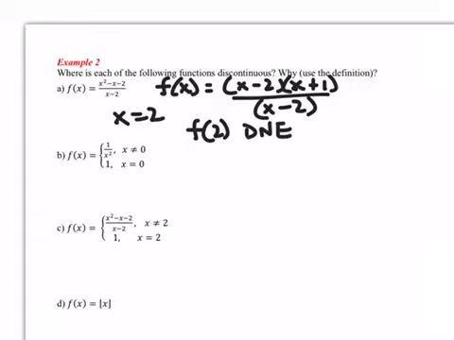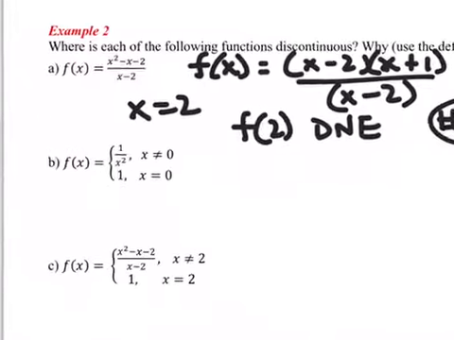So this is a violation of rule number 1 on our list of requirements for continuity. And that would actually be a hole in the graph at x equals 2.